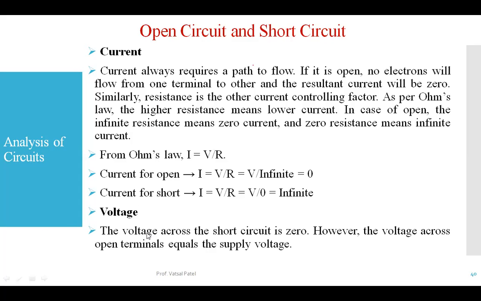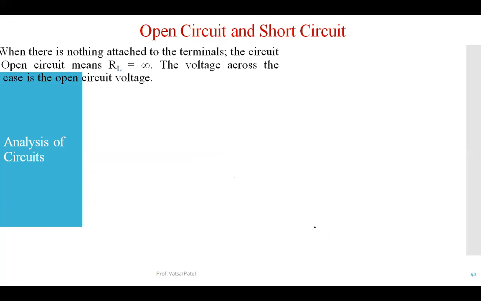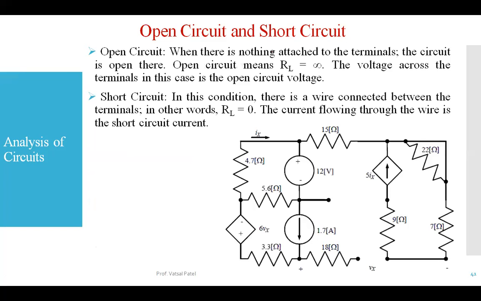Okay, so this is given over here for the voltage condition as we discussed using that diagram. You can see the same statement given here: the voltage across the short circuit is 0 and the voltage across the open terminal is equal to the supply voltage. The same thing is given over here using this diagram also. You can see this diagram.